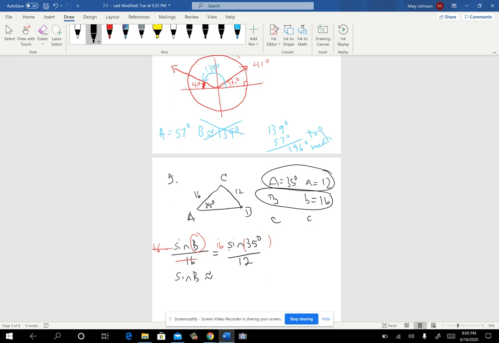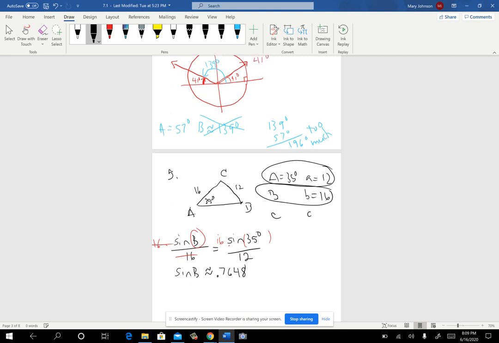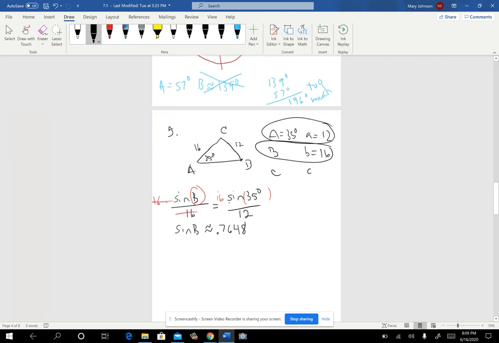I'm going to divide that by 12, and I get about, I'm going to keep 4 decimal places just so I don't have too much round off error, 0.7648. Okay, but now I need to do the inverse sine of both sides. So I need to do sine inverse.